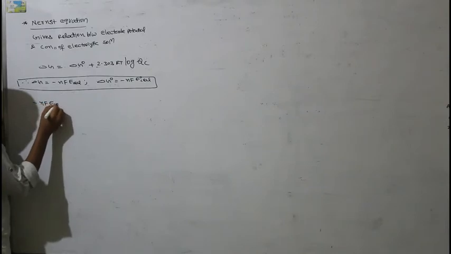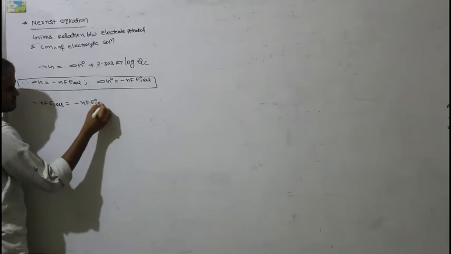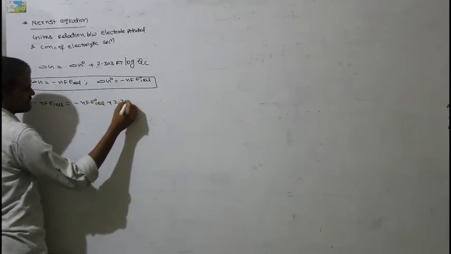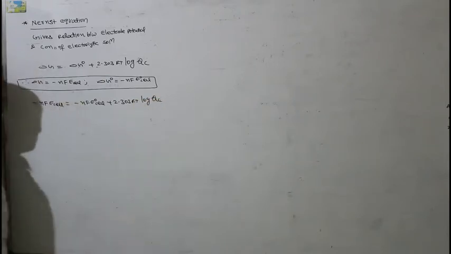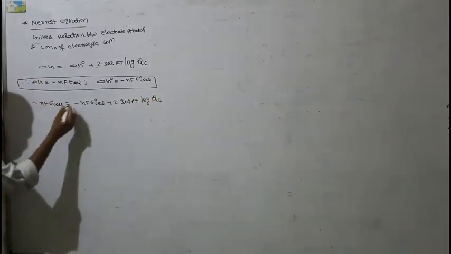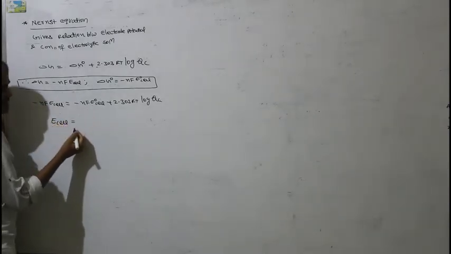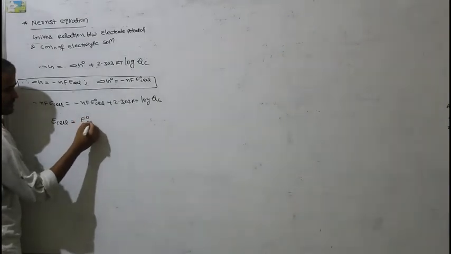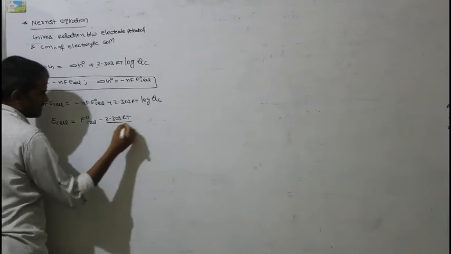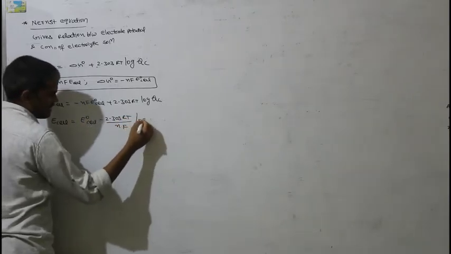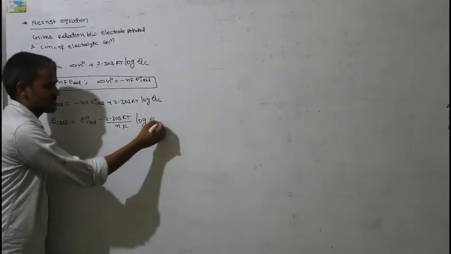Minus nF E cell is equal to minus nF E naught cell plus 2.303 RT log Qc, the reaction quotient. So from here we can write, taking minus nF to the other side, E cell equals E naught cell minus 2.303 RT by nF log Qc. This is the Nernst equation.